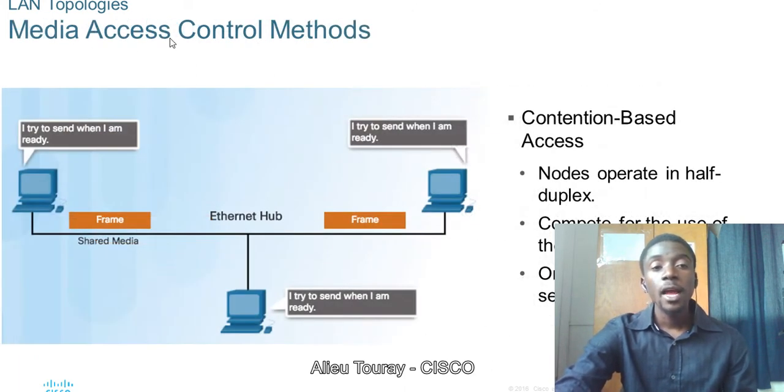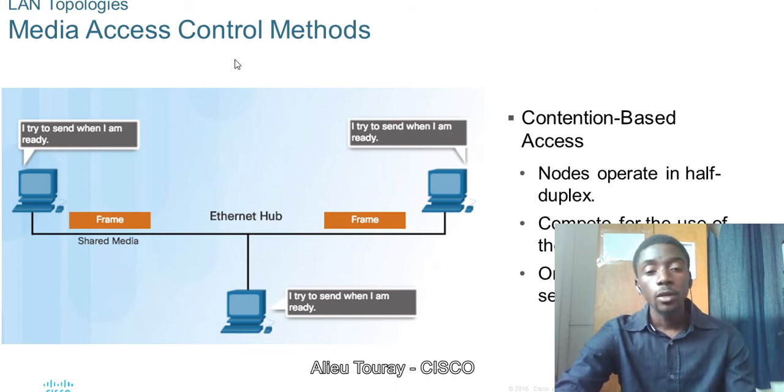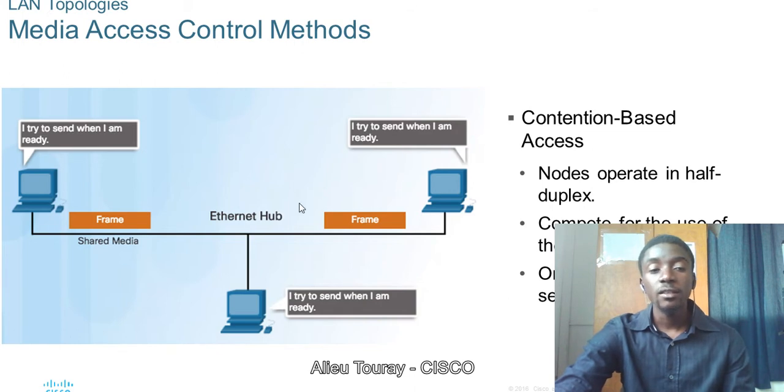So the media access control method, we have the contention-based access and the controlled access. With the contention-based access, all devices have equal rights. Okay, all devices have equal rights, and the nodes will be in half duplex, and they will compete for the use of the medium.